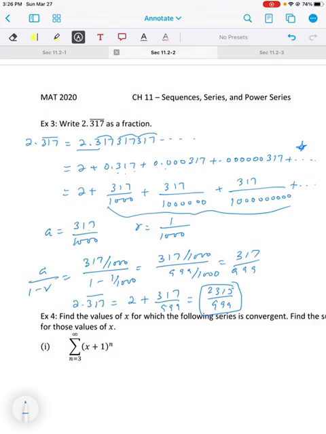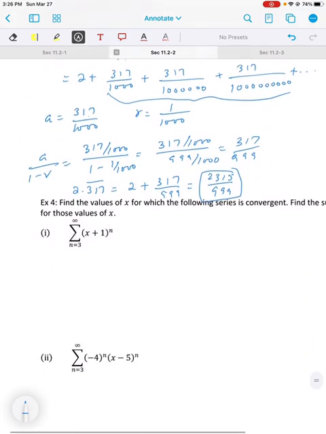So this way we can write non-terminating and repeating decimals as fractions.